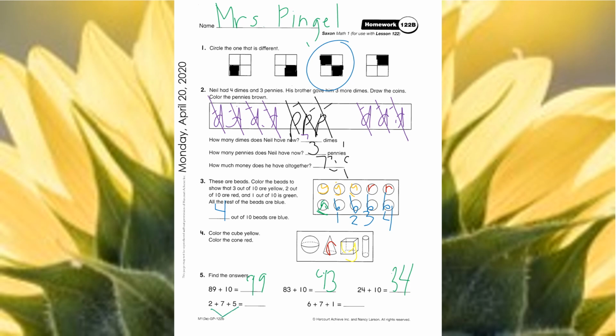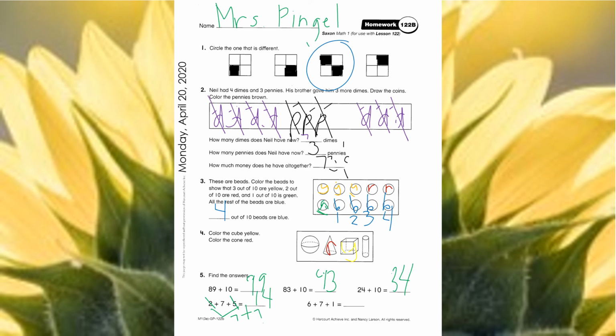I know 5 plus 2, or 2 plus 5, will make 7. And then, since I've used those, I now know 7 plus 7 will make a double fact, 14.